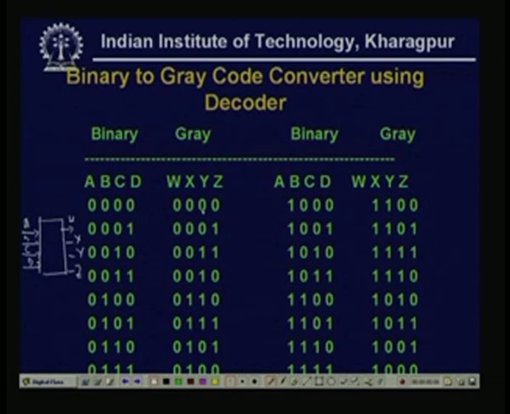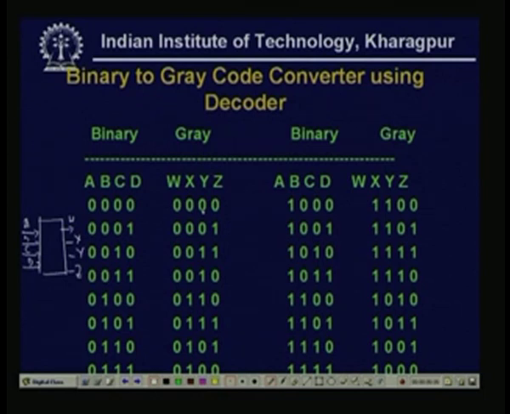Similarly, when it is 0 0 1 0, the output becomes 0 0 1 1, so again it maintains a unit distance from the previous one. When it is 3, again this becomes 2. So it continues, and that property is maintained. This is a 4-bit gray code generator.